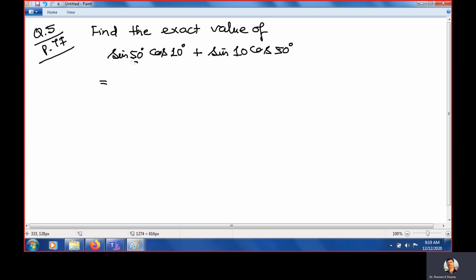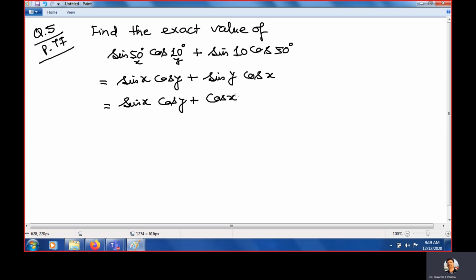You just let this be x, this be y. So what will the formula be? Sin x cos y plus cos x sin y. You can write it symmetrically, sin x cos y plus cos x sin y, because a into b is b into a.